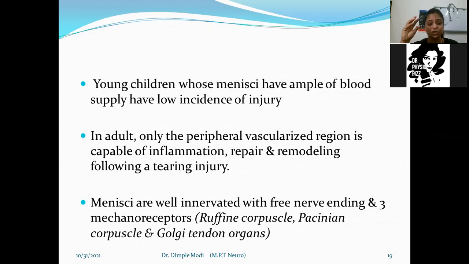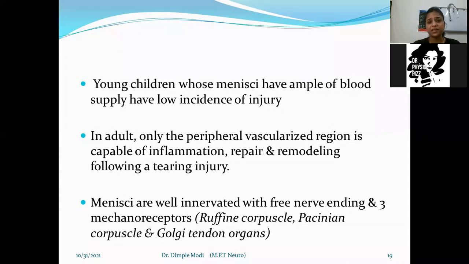The increase in joint stress will lead to early degenerative changes within the tibiofemoral joint. For this main reason, meniscectomies are rarely performed.